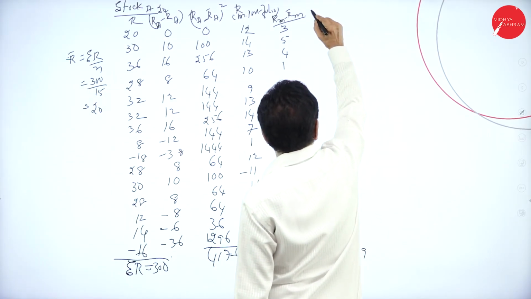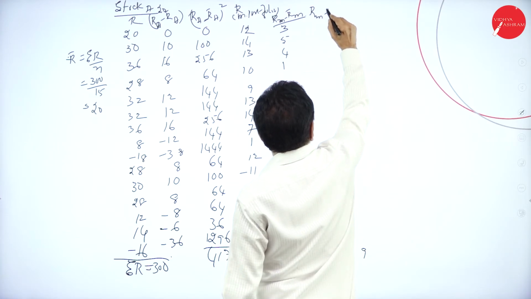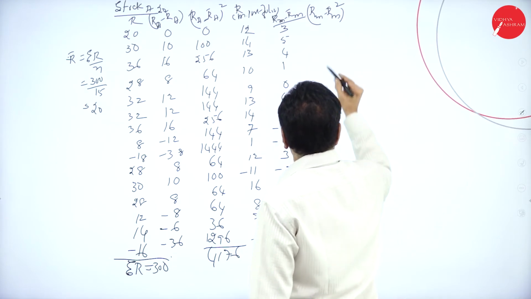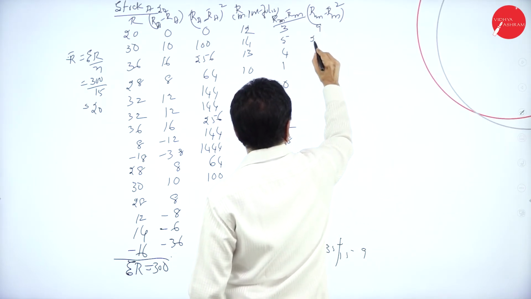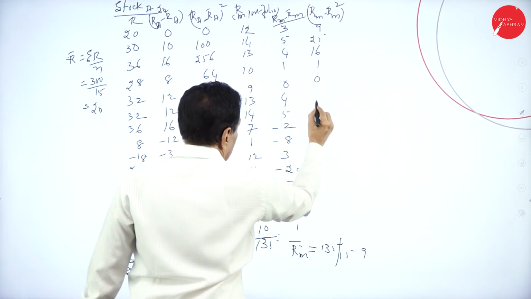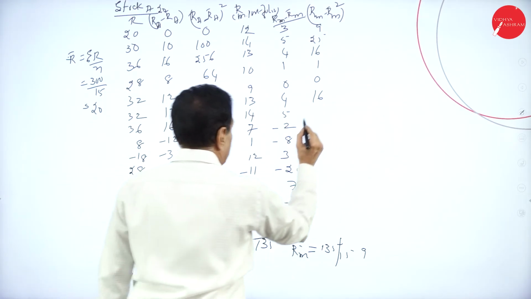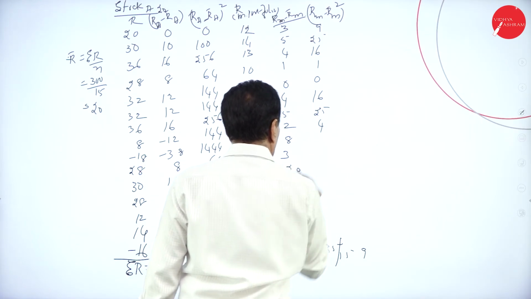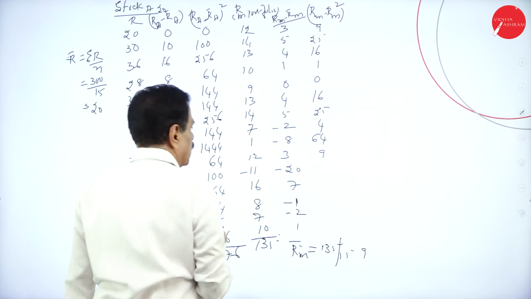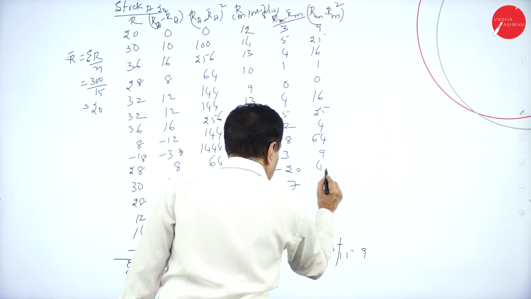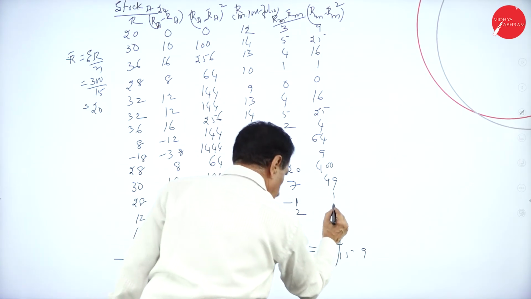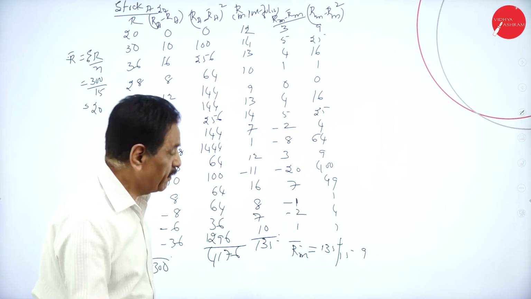Square of this, the market square: 9, 25, 16, 1, 0, 16, 25, 4, 64, 9, 400, 49, 1, 4, 1. Add the figures.